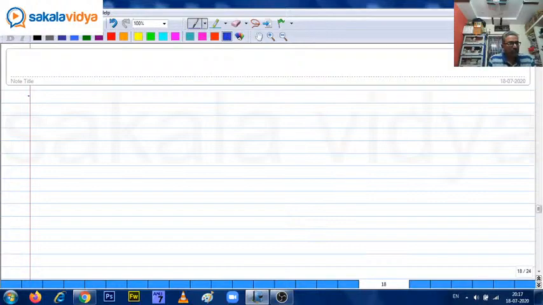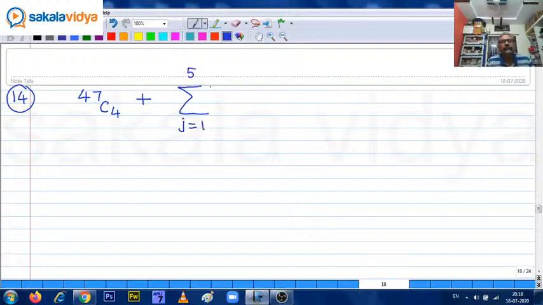Okay, now the 14th question. 47C4 plus sigma j equals 1 to 5, (52 minus j) C3 equals to.